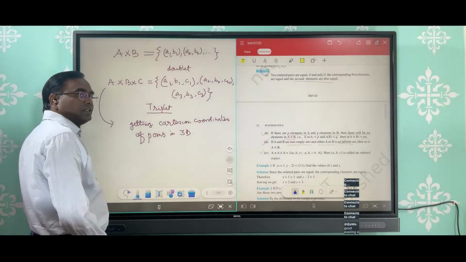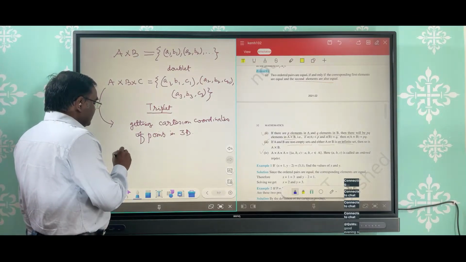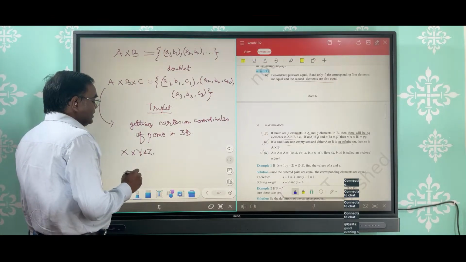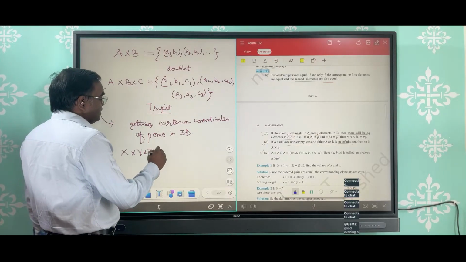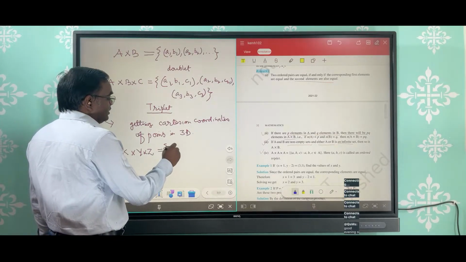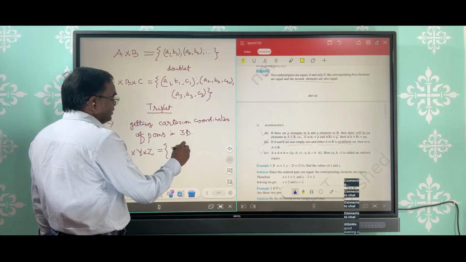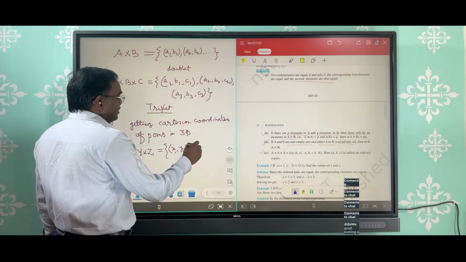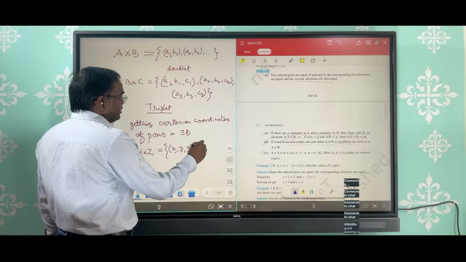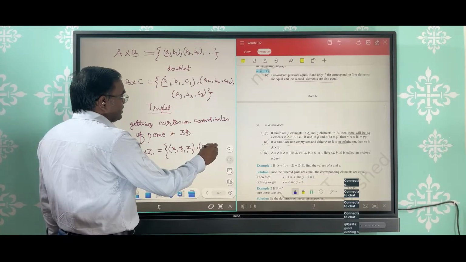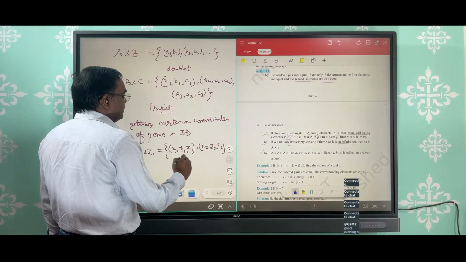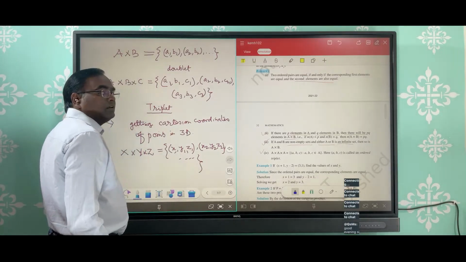Okay, so if you are taking the cross product of three sets X, Y, Z, then their cross product will give the Cartesian points of the 3D.